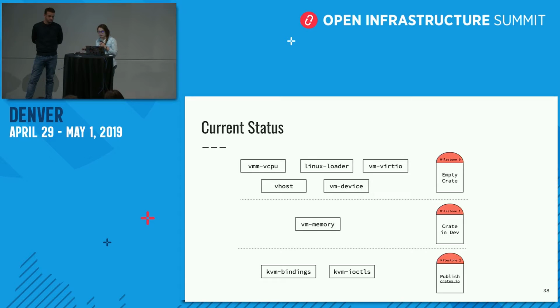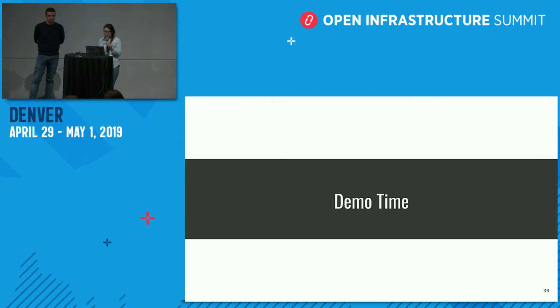Then we have a Linux loader, the VM Virtio, vhost, and VM device. So these are crates that might have PRs in flight, but they are not merged yet. Then we have a crate in development. This is VM memory, but we still have to work on adding some more tests and documentation and things like that. And then the only 2 crates that we currently have published on Crates.io are the KVM bindings and KVM IOCTLs.